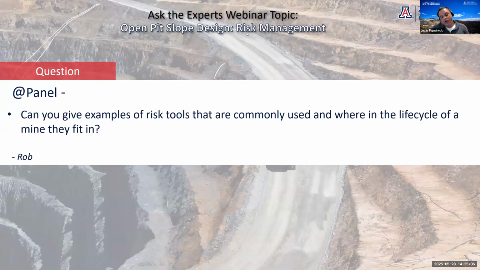Yes, sure. I just mentioned the failure mode effect analysis, FMEA. It's a very powerful tool. It's not new. In the mining sector it is relatively new, but in other sectors it's being used. It was developed in the aerospace industry, and has evolved over time.